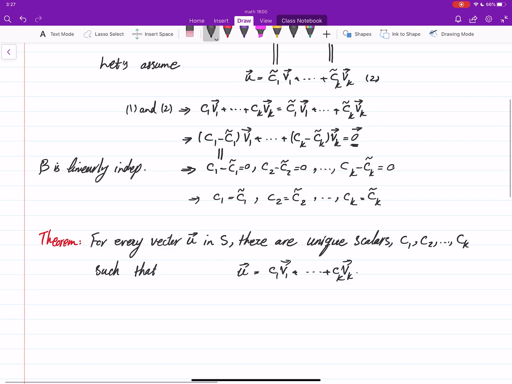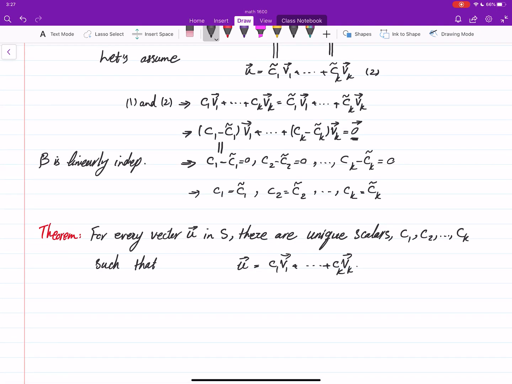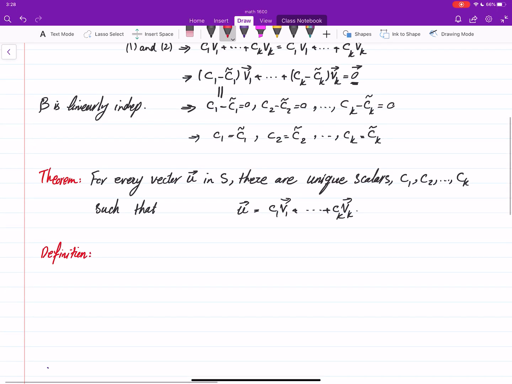So this is unique. Having a unique set of numbers tells us that those can be an important set of numbers, so let's put a name on them. And yes, we have a name for that: it's called the coordinates of u with respect to that basis.